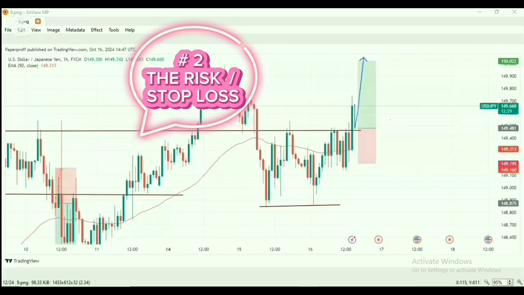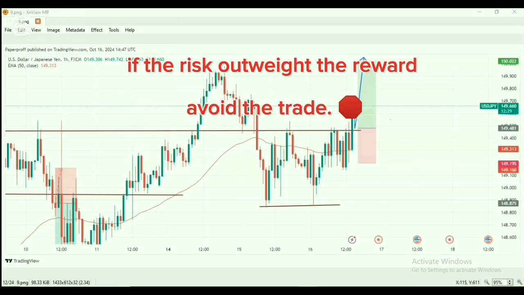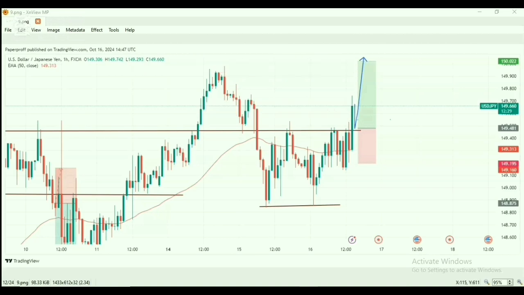2. The risk or stop loss. Never take a trade where the risk is greater compared to the reward. Stop loss is mostly placed behind the latest swing low for a buy trade and behind the latest swing high for a sell trade.